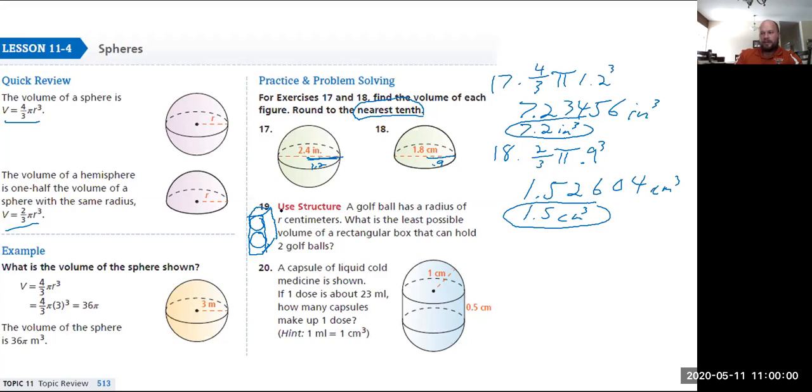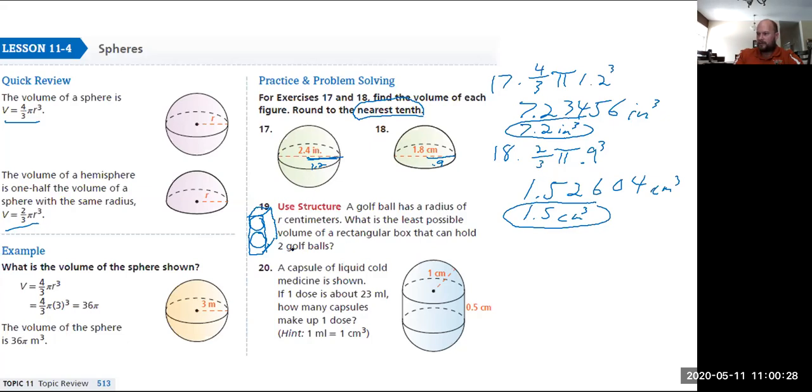So what dimension of that golf ball is actually giving us the dimensions for the container? It's the diameter of the golf balls, because you're going to need the diameter as your width, both your width and depth there, and then you need your diameter doubled to give you that height. So we're going to have to find that diameter of the golf ball in order to figure this out.